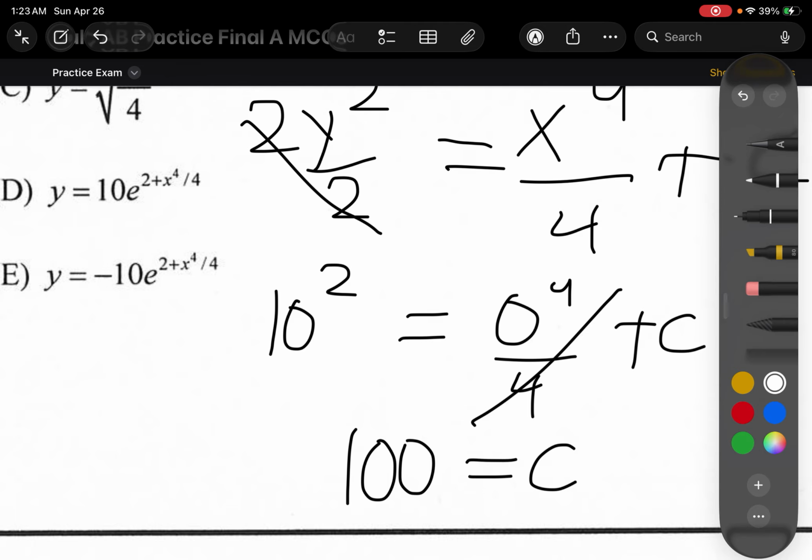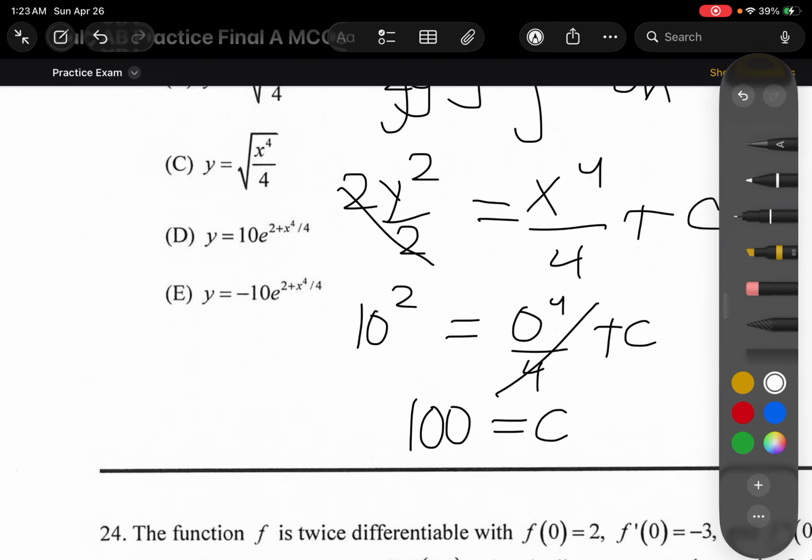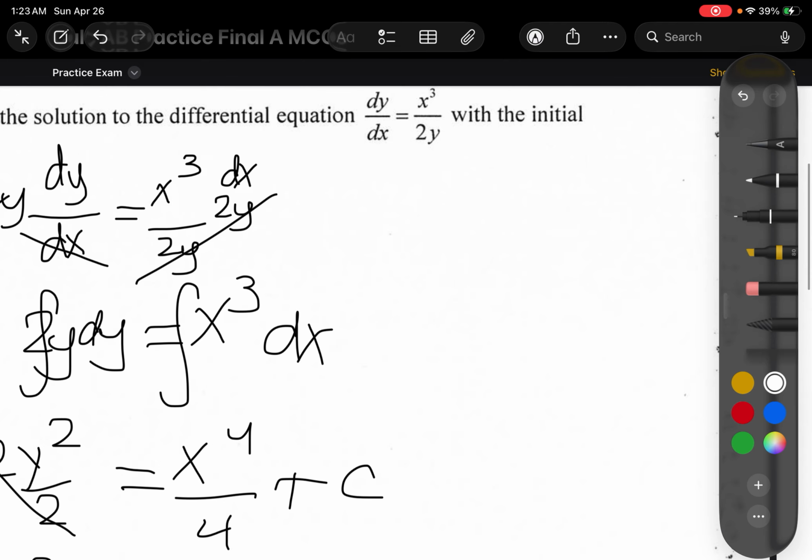Now we're going to reiterate that c back into our simplified variables equation. Square root.